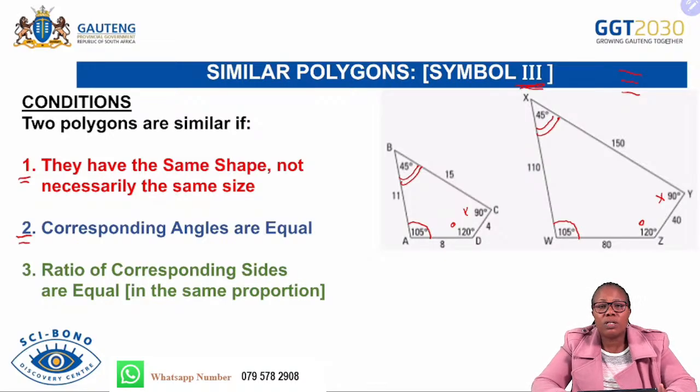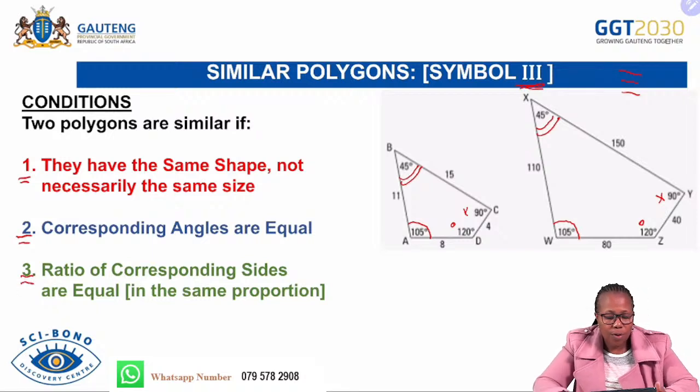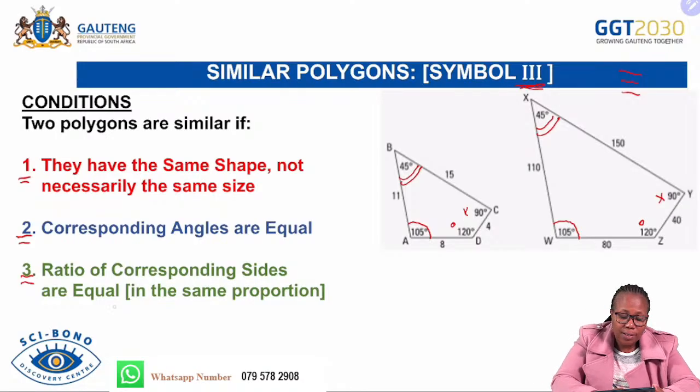Condition 3 for similarity: the ratio of the corresponding sides must be equal, or in the same proportion. We know that when we talk ratio, we are talking about a fraction. How do you identify these fractions? Please, the tip is to always start by identifying the smaller side and compare it to the bigger one.